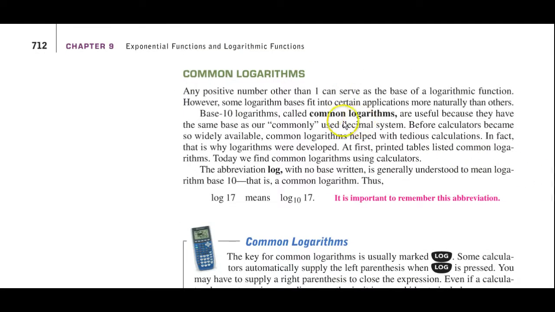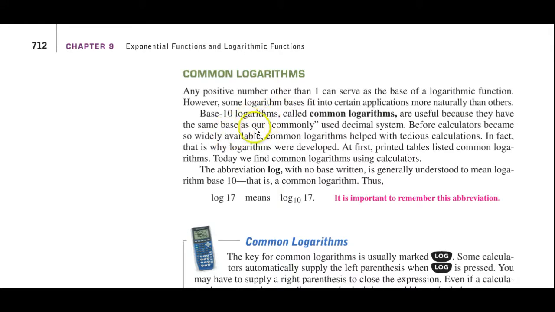So in summary, we often have the word common logarithms, meaning we're thinking of base 10. In mathematical theory here, we use base 10. There are other bases. The other common one is base 2, which is used for computing in computers.